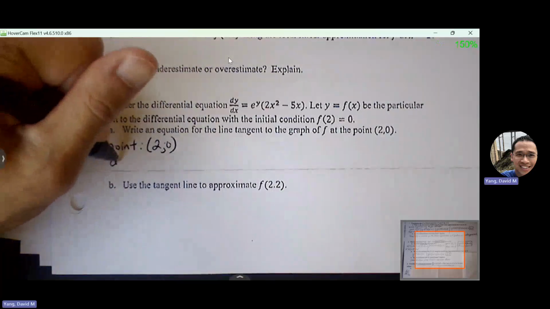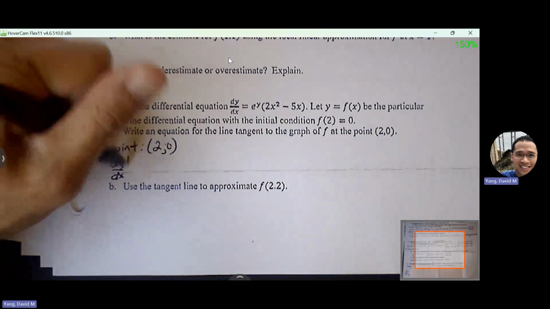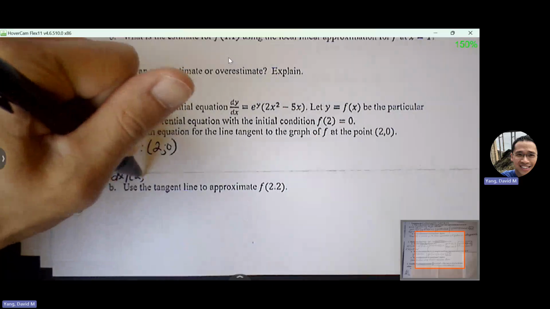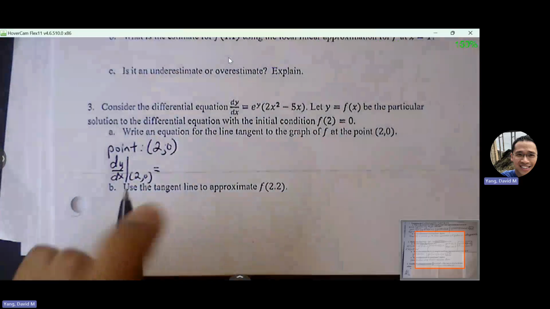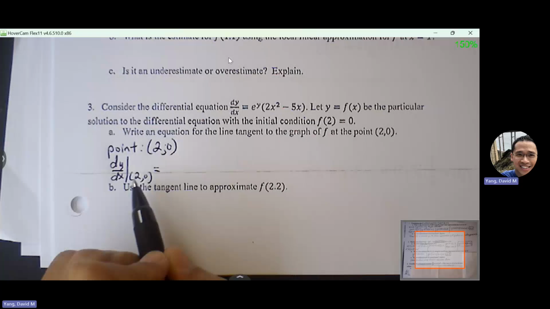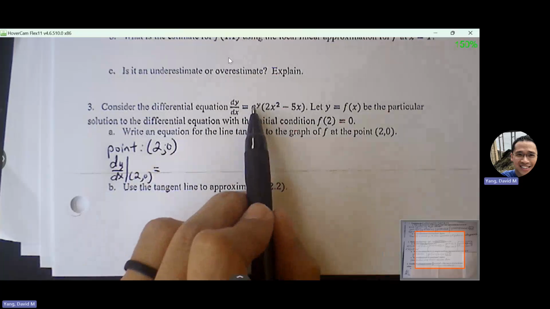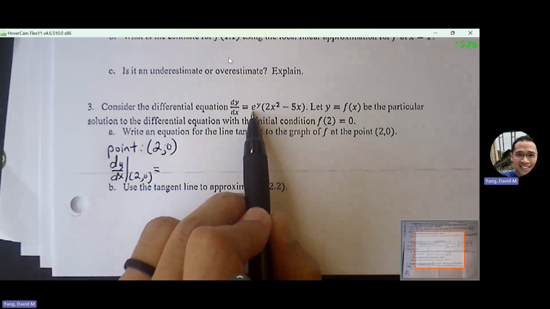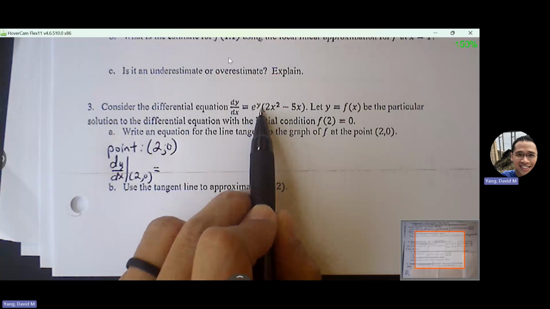For the slope, because it's x and y, we do a vertical line with (2, 0) to indicate that we're about to plug in both the x and the y value into the derivative. I'm just going to go down the line here, replace the x's with 2's and replace the y's with 0.